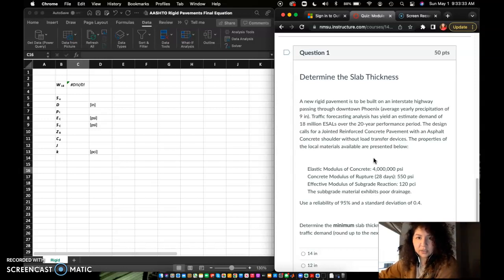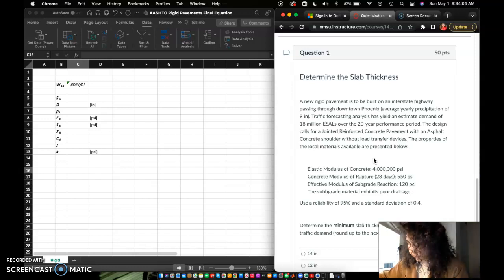The properties of the local materials available are presented below. Elastic modulus of concrete, 4,000,000. Concrete modulus of rupture, 550.